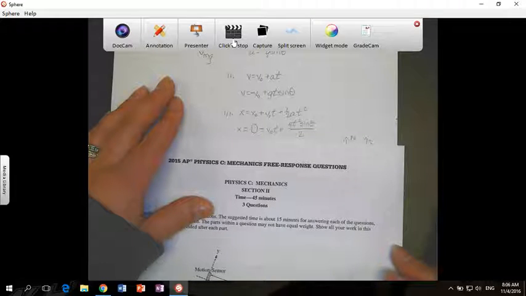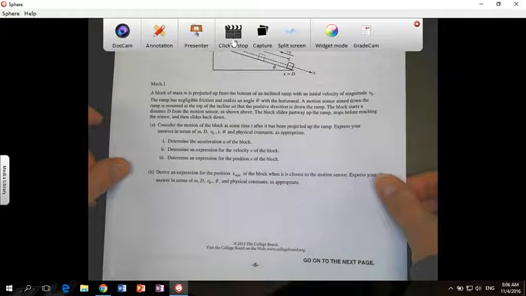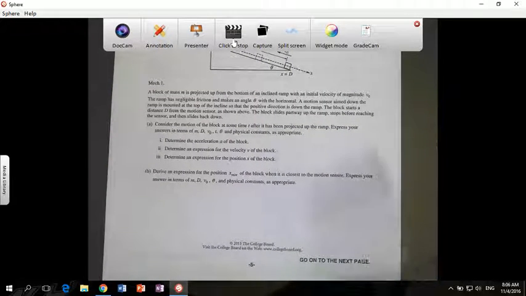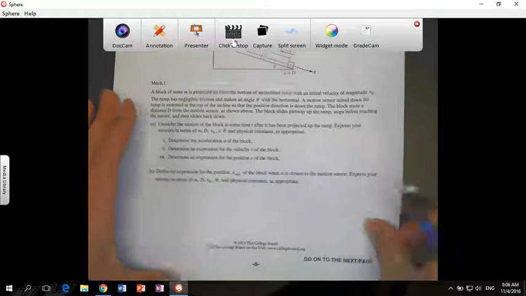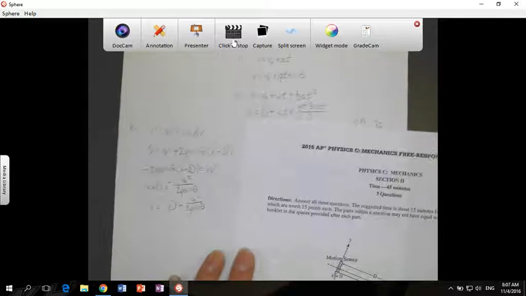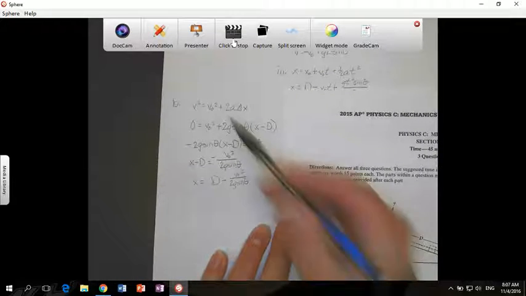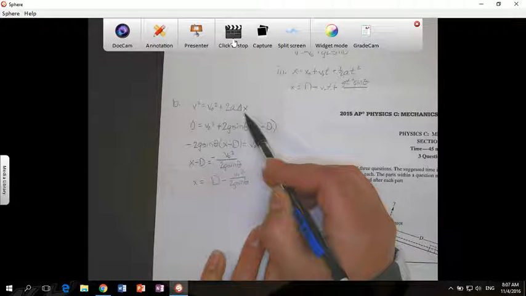Okay? All right. So now, in part B of the question, we're asked to derive an expression for the position of the minimum x of the block when it is closest to the motion sensor, and we need to still express our answer in terms of the constants that we were given in physical constants. So, for that, I chose to use this equation to get me started.